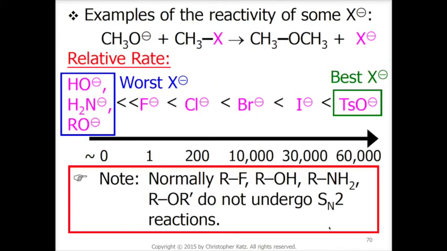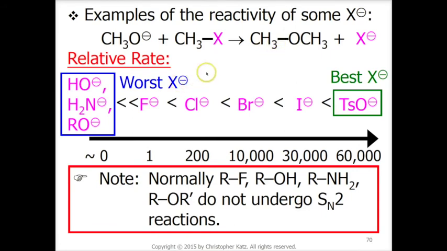All right. So here is an example, and we talked about this before in a slightly different sense, of the reactivity in an SN2 reaction. Here's your methoxide, here's your alkyl halide in terms of your electrophile, and then here's your methyl ether that you're forming.